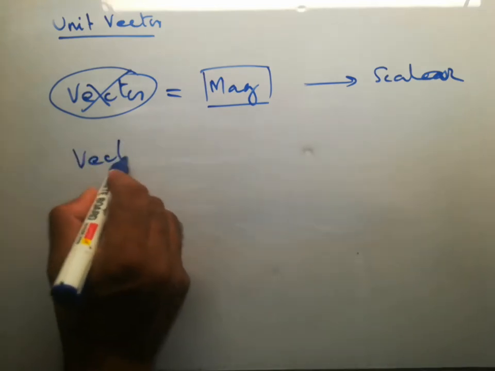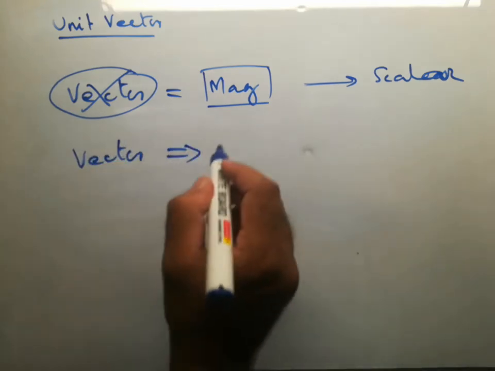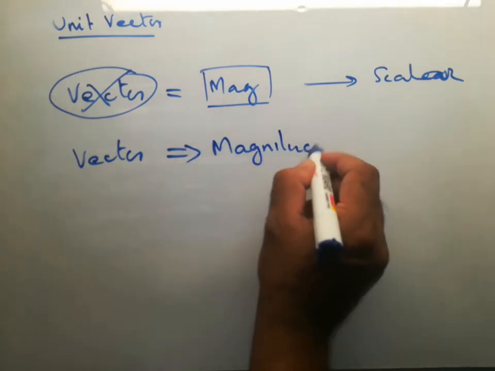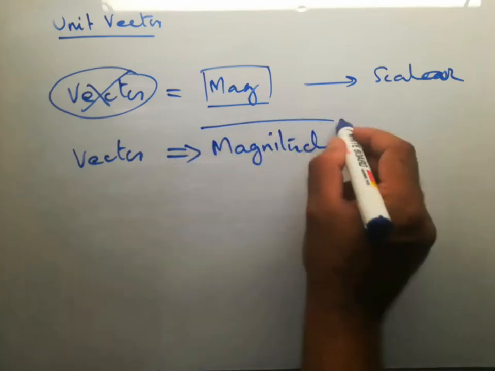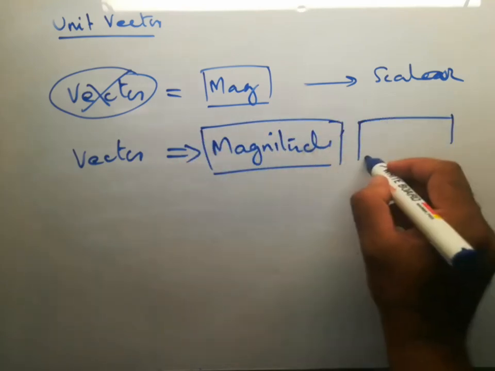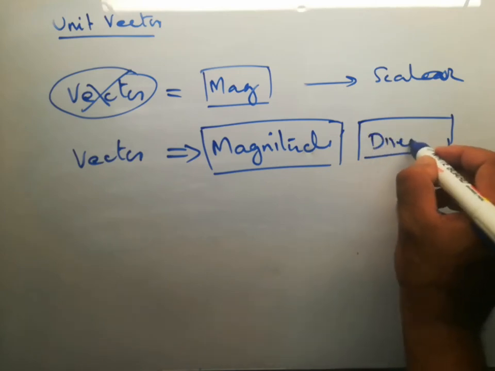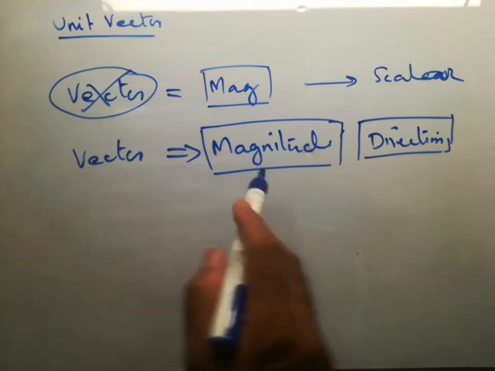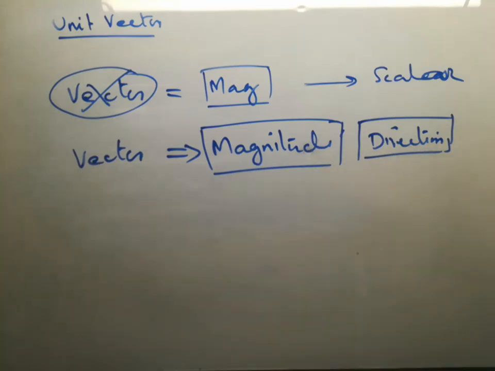So what is a vector? Vector is a quantity which is having magnitude, the first aspect or the first parameter, and the second one is direction. Okay, so a vector should have both magnitude and direction.